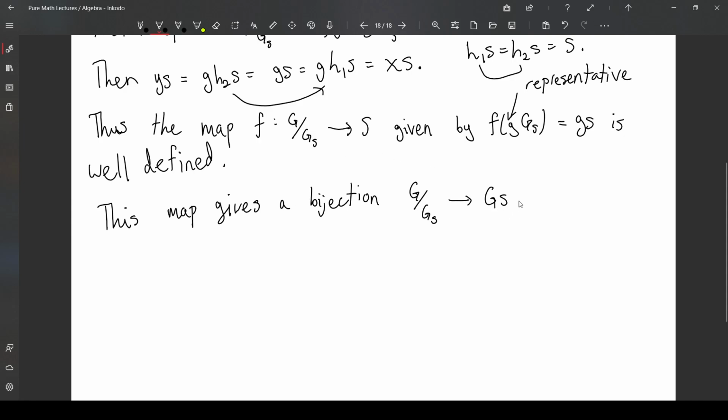So clearly GS, the orbit of S, is contained in S, right? It's just all the points in S where little s can be moved to by G.